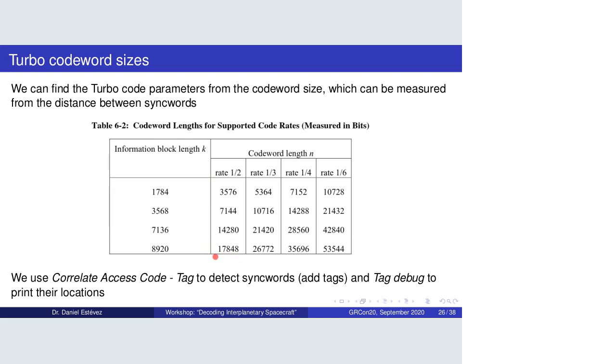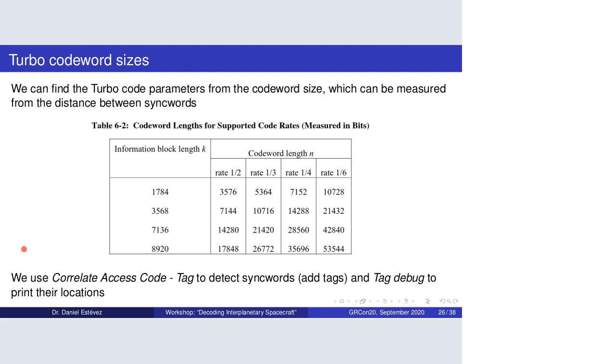So then we have 17,000 symbols following the sync word, and then the next frame begins with the next sync word. So the idea is to find the distance between sync words to be able to find that this is actually 17,000 and not 14,000 or 3,500. And then from this to be able to guess the frame size.